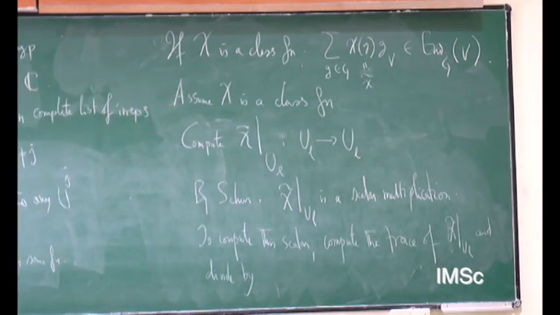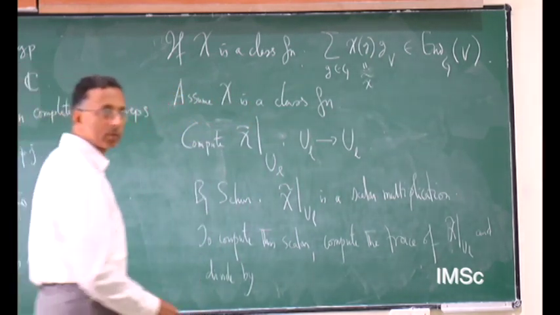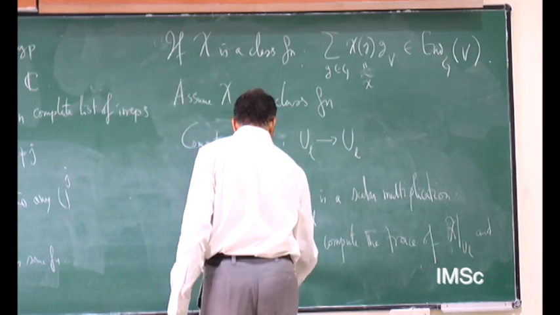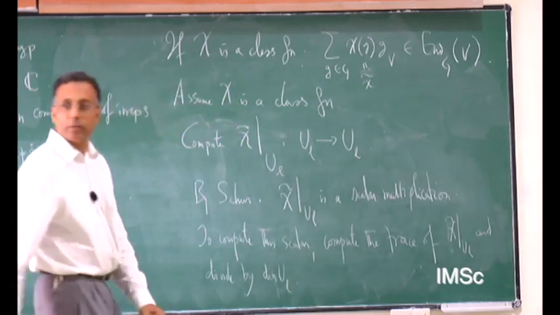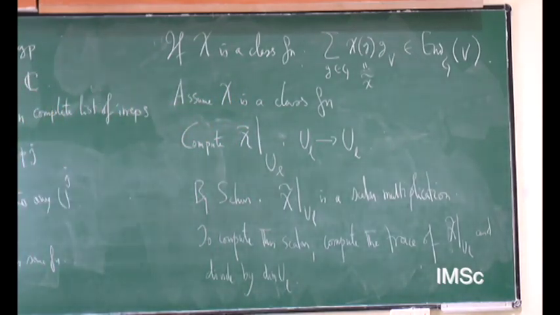The dimension of U_L. Correct? You have a scalar matrix. To compute what the scalar is, you compute the trace of that matrix and divide by the dimension. It seems like a contrived thing to do, but that's what works. Okay, so let's take the trace of that.